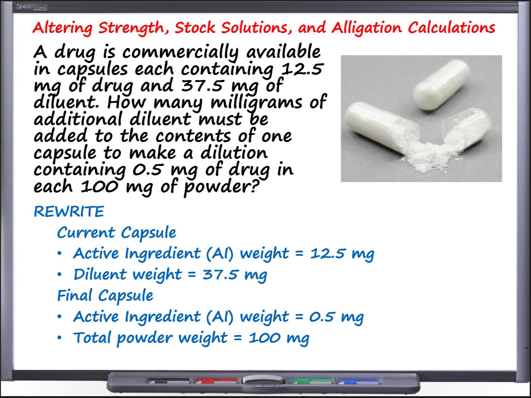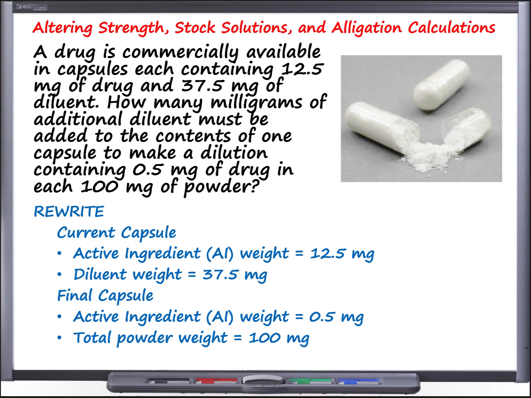So keep in mind, the take-home message here is that the powder in a capsule is not pure drug. Rather, it is a mixture which contains an active ingredient at some concentration. Thus, determining how to formulate a capsule at a desired powder concentration is the basis for this question.